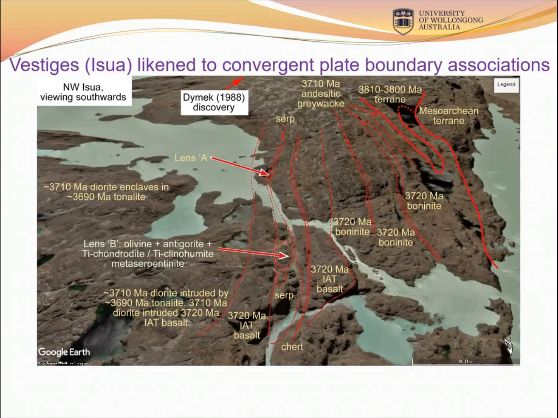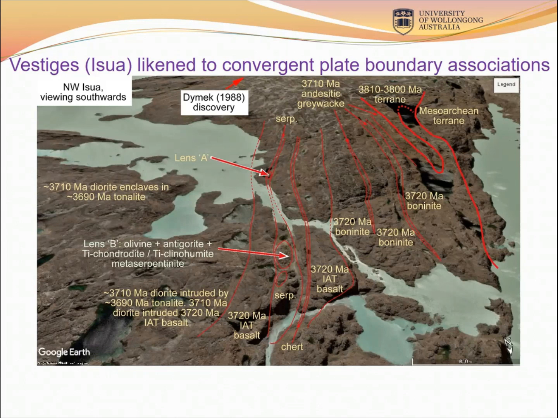For anybody who's worked on convergent plate boundaries, that is a very familiar set of lithologies. And they're all actually tectonic slices against each other. Those are all then intruded by, first of all, diorites, and then by much larger amounts of somewhat younger tonalites.